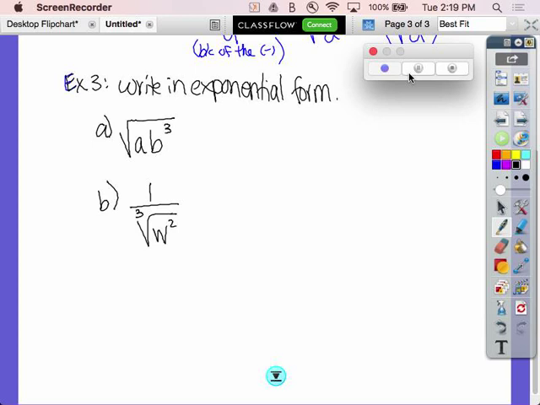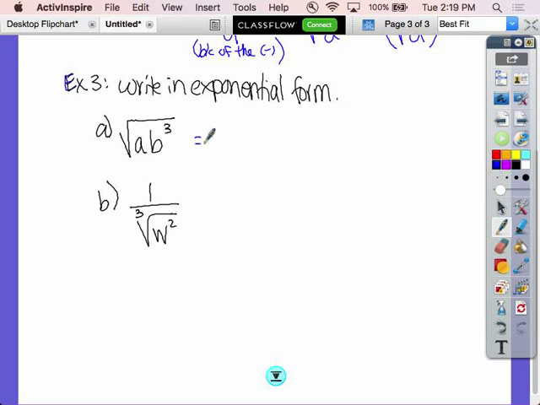Okay, this first one can be a little tough because we know that this is a b to the third. I don't want to do it that way. I was going to say raise it to the 1/2. For those of you that did, you don't have to erase. We can just raise it to the 1/2 power. Where am I getting 1/2?